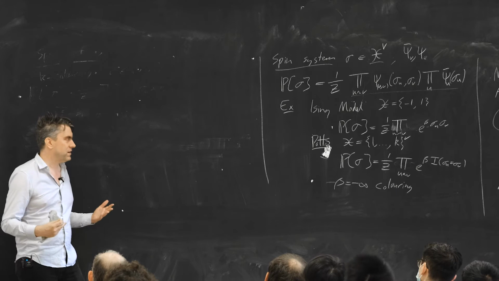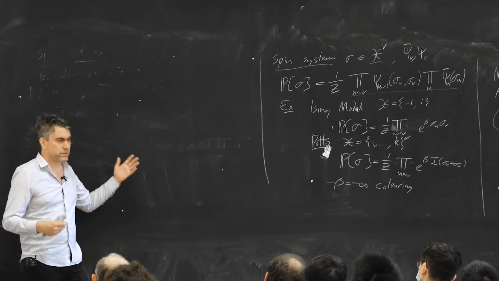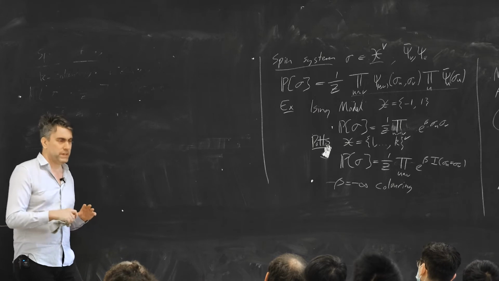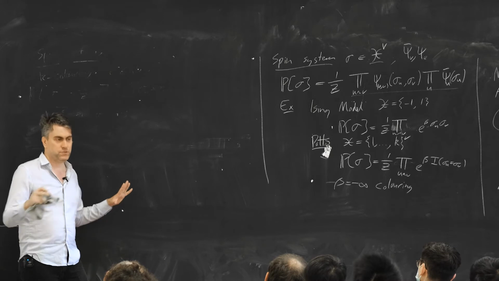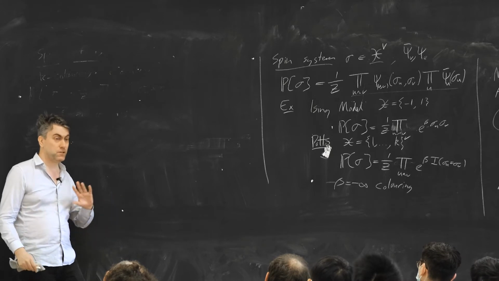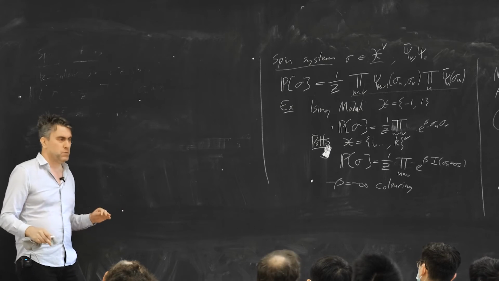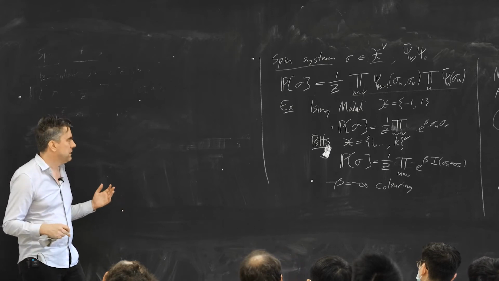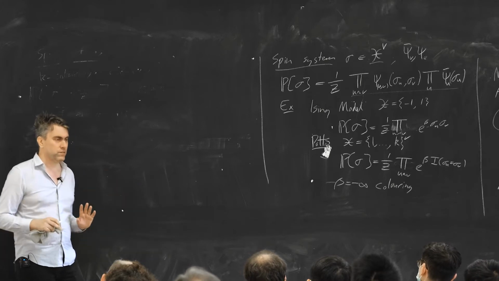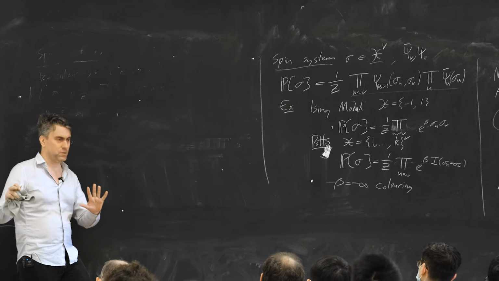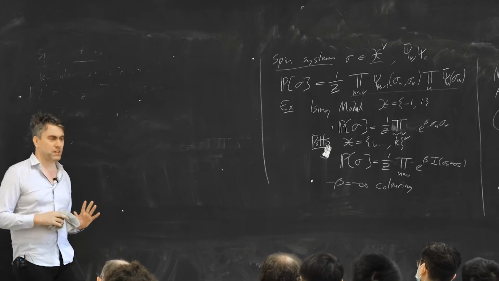So I want to define how something like a random coloring or these other models behave on infinite trees. And a lot of the predictions we have for these random constraint satisfaction problems are in terms of understanding the measures that we get on the limiting object, the infinite tree. So that's the direction we're going in.